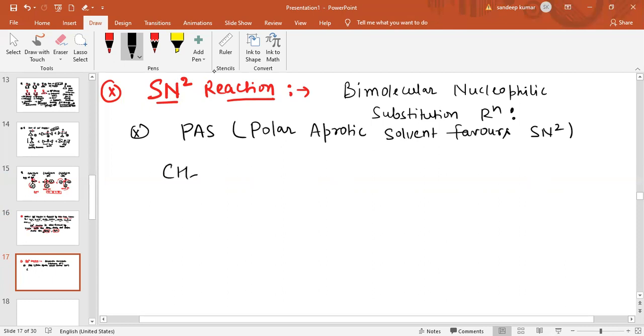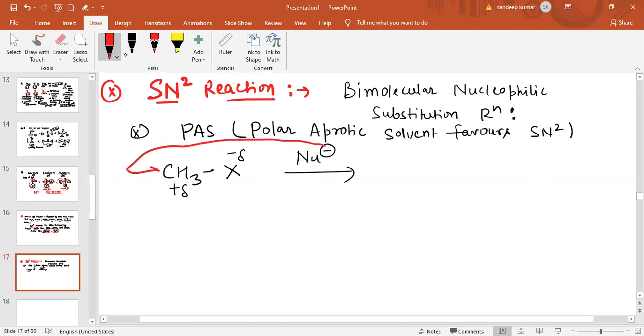For example, if there is CH3X and a nucleophile comes, the C-X bond is polar, with partial negative and partial positive. So the nucleophile will attack from the back side. When the nucleophile attacks from the back side, the product obtained is Nu-CH3, and the leaving group will be removed.